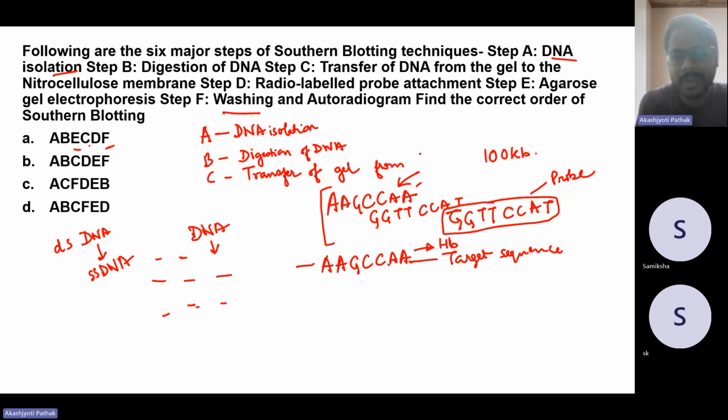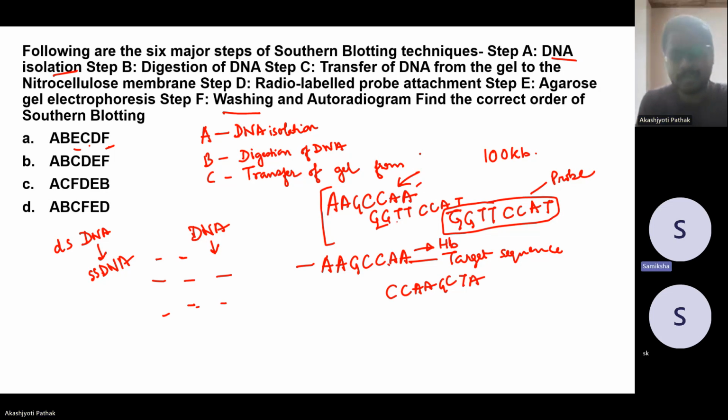The target sequence that you want to identify will be complementary to the probe sequence. If you have a DNA probe whose sequence is GGTTCCAT, then this probe will also bind to any other DNA sequence which has this sequence as well, right? So for removing this non-specific binding, you need to do the washing step.